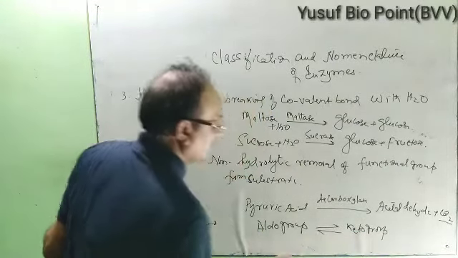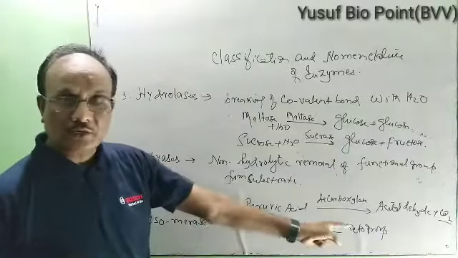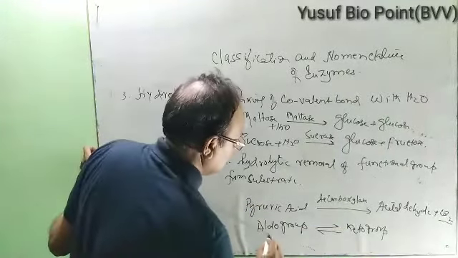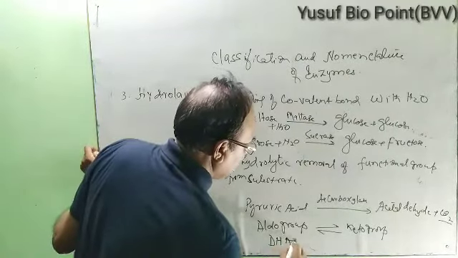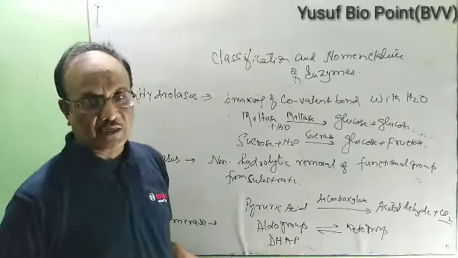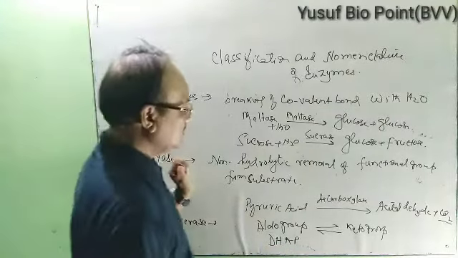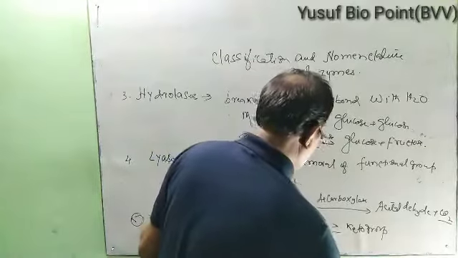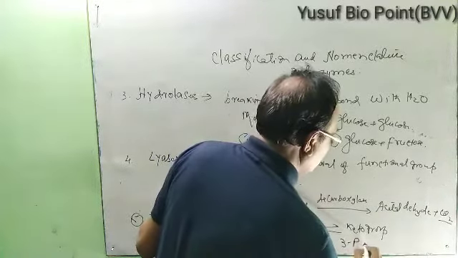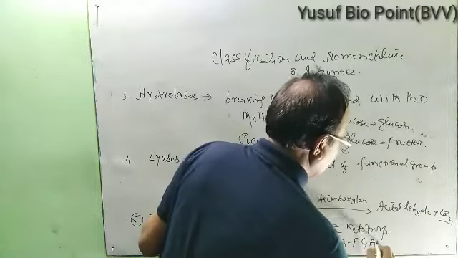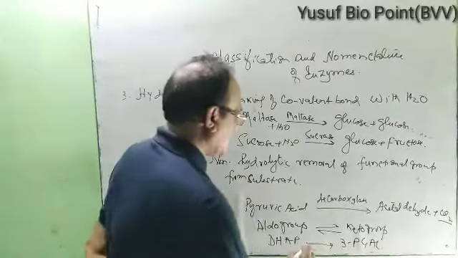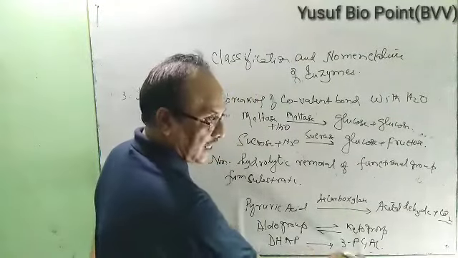I mean both, from aldo to keto and keto to aldo. Example, DHAP, dihydroxyacetone phosphate, in respiration changes into 3-phosphoglyceraldehyde. That is, one is a keto, the other is aldo.